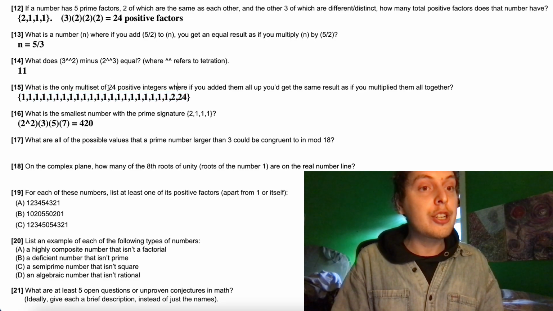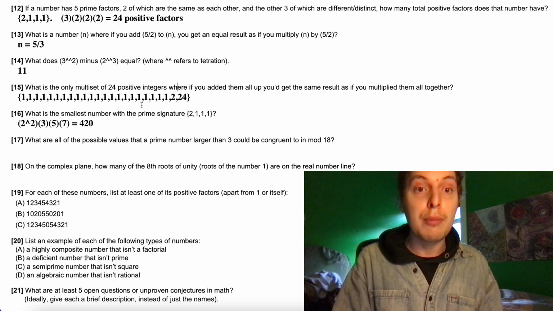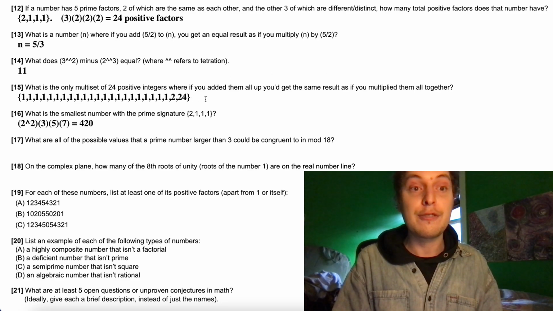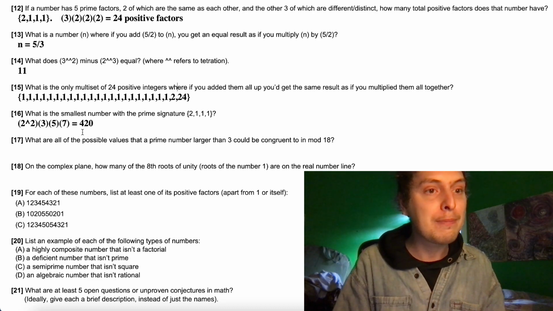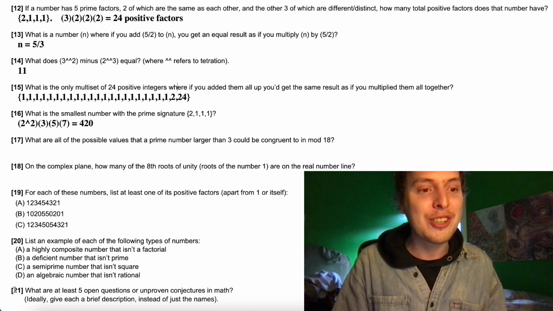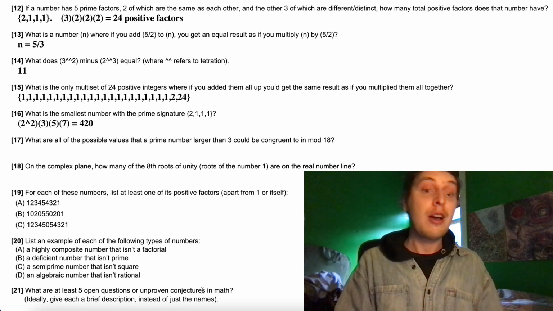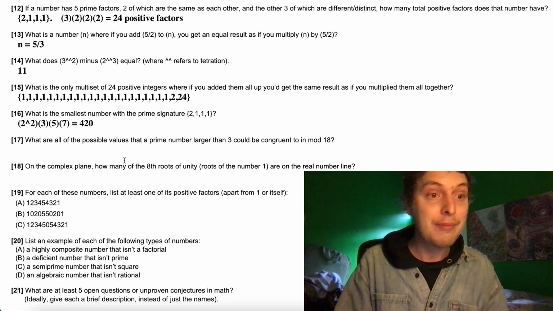In fact, the largest known number that there's only one multi-set of that many positive integers that can do this is 444. It's an open question if there are any beyond that. Which brings us to question 21 in a way. What are 5 open questions or unproven conjectures in math? I'll mention that one for now, that is an open question.